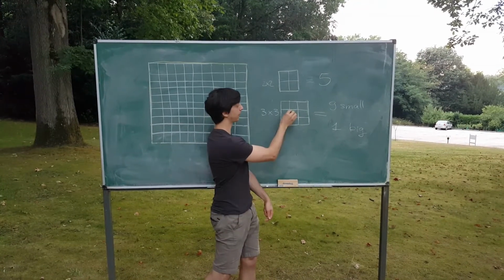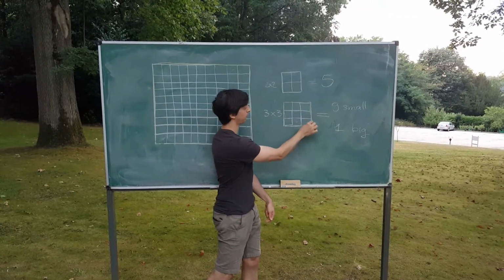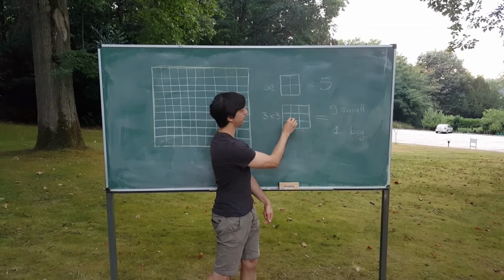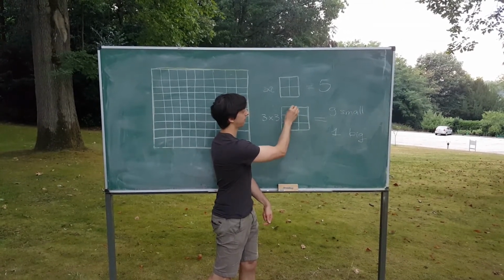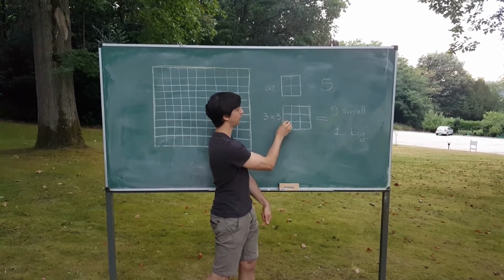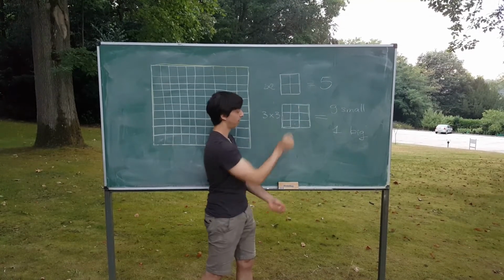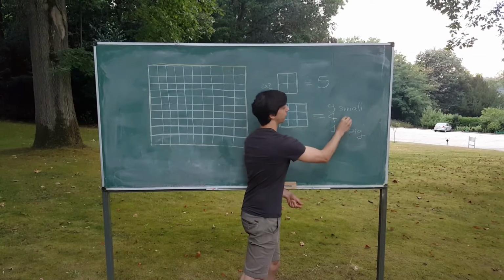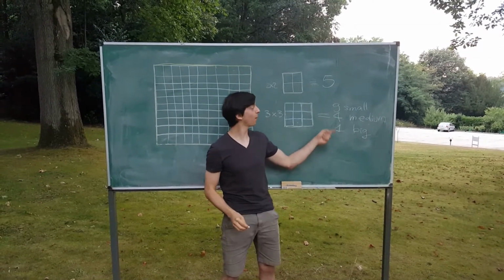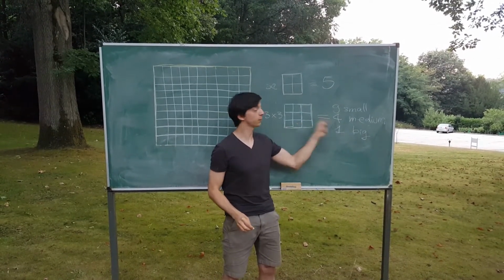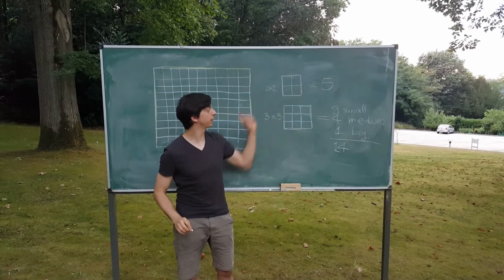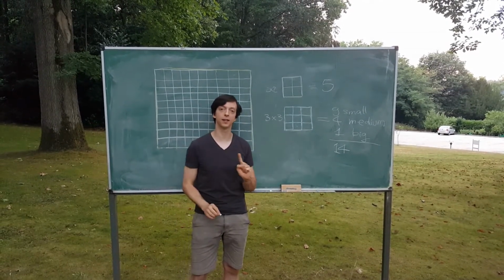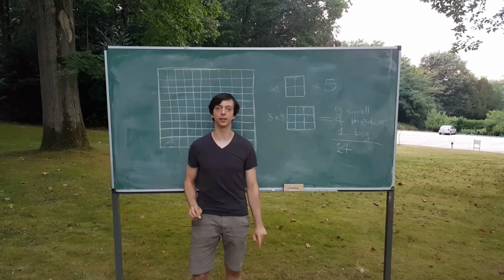That's one. That's the second one. That's the third one. And this is the last one. So I counted now 4 medium. If I take the total, that's 1 plus 9 is 10, plus 4 is 14. The answer for the 3 by 3 case that I found is 14.